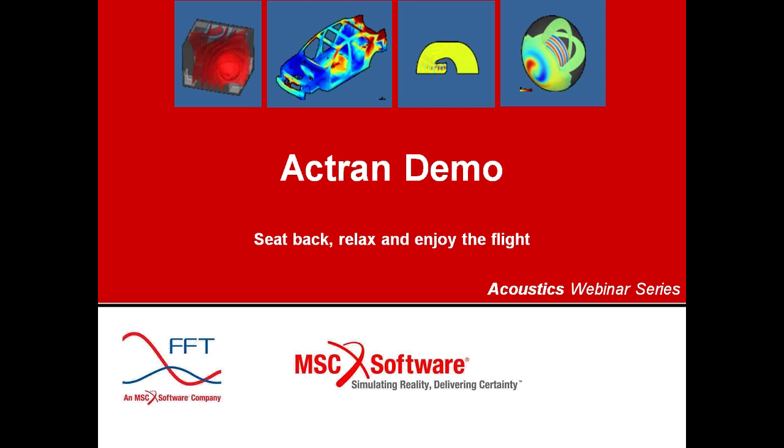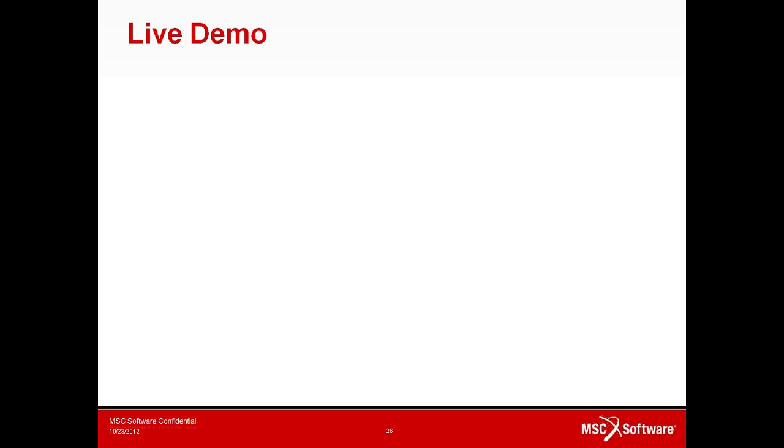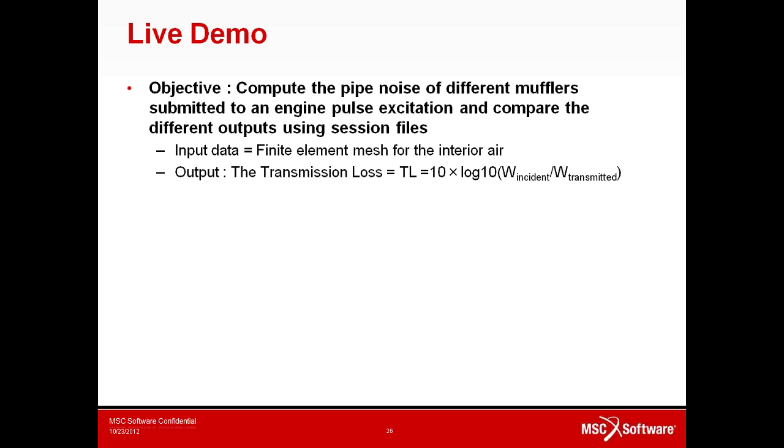Okay, I will now guide you through the graphical user interface during a live demo. In this demo, we will treat a model that is very similar to the model involved in the previous webinar about exhaust noise problems. The objective of the demo is to compute the pipe noise of a muffler submitted to an engine pulse excitation.